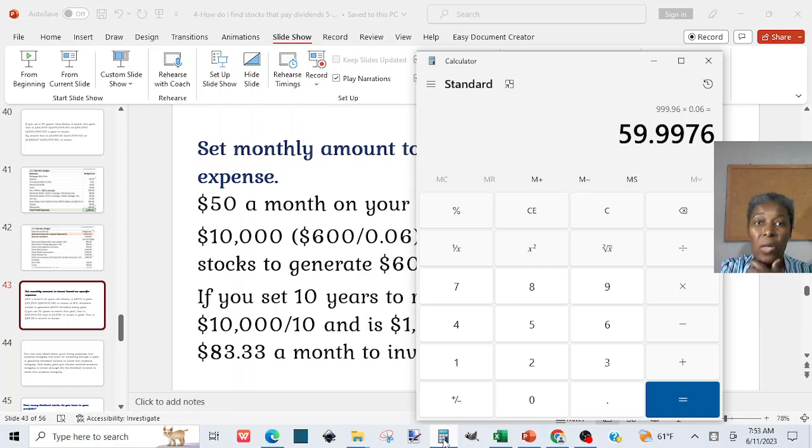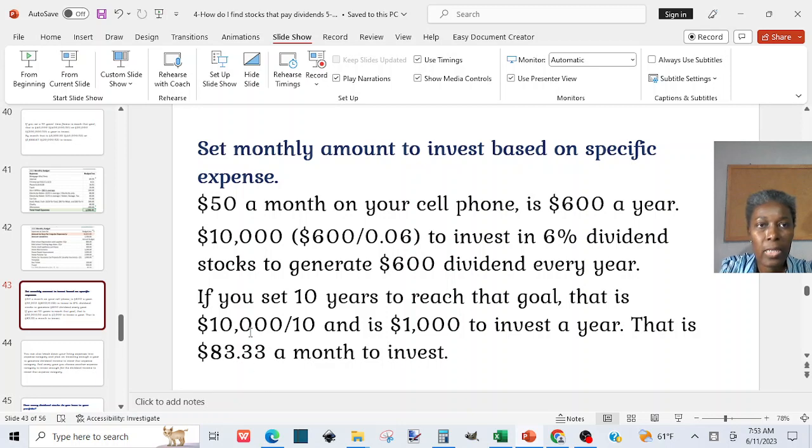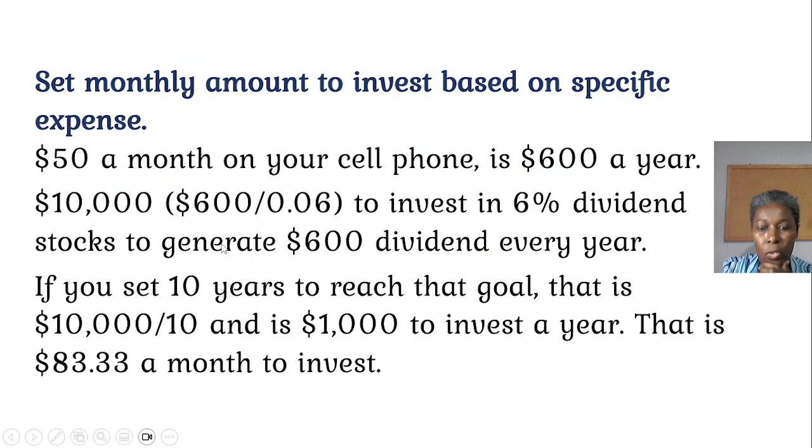You are going to earn about $60 a year by investing $83 a month in a stock that pays 6% dividend. And that stock is going to continue to increase in value as well. You are not selling the stock, but when you sell, you are going to make a big chunk of money. But in the meantime, it's paying you $60 a year in dividend income for investing $83 a month.